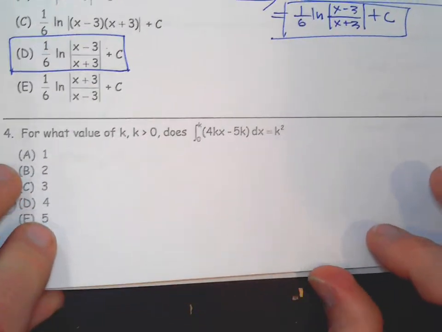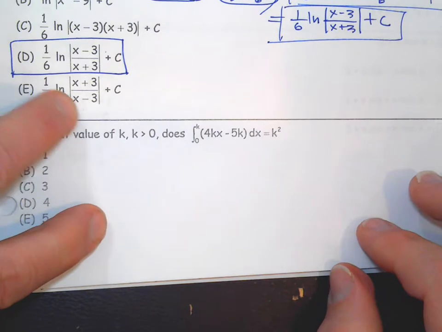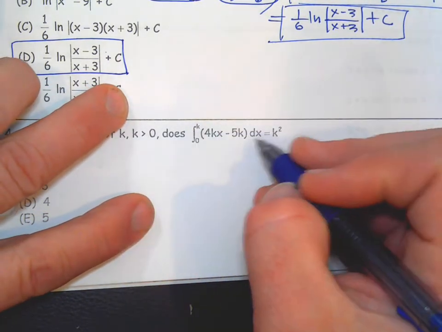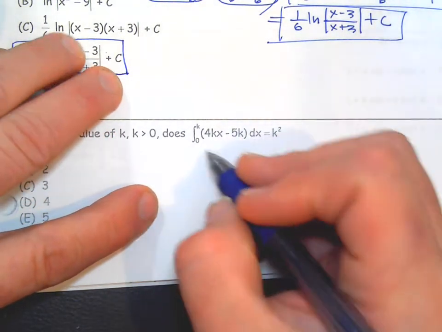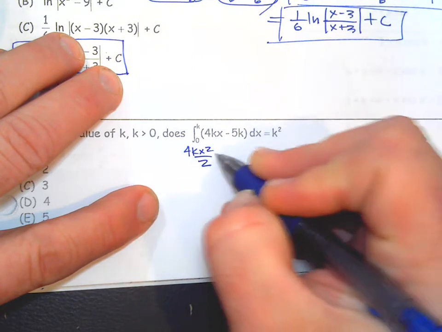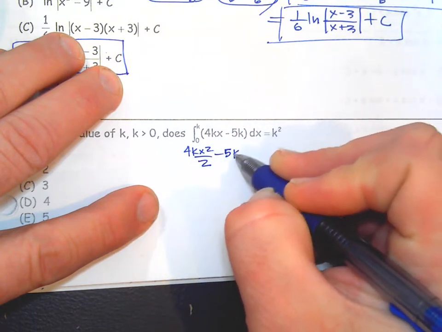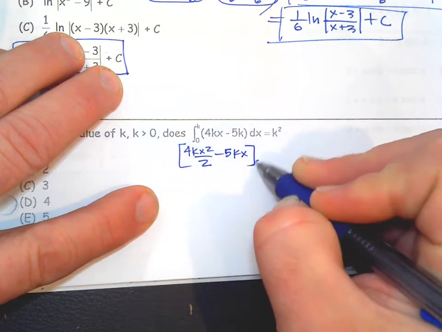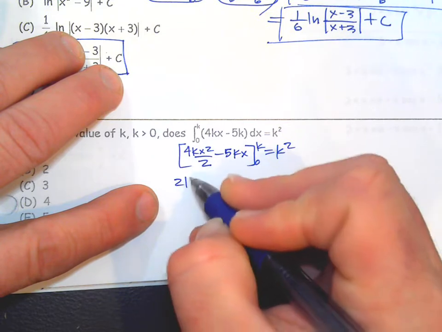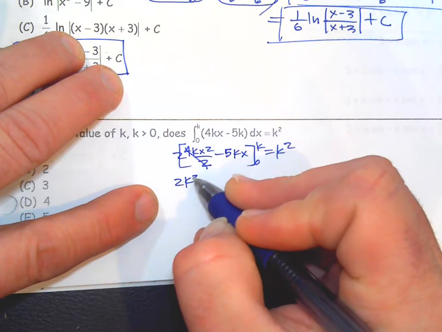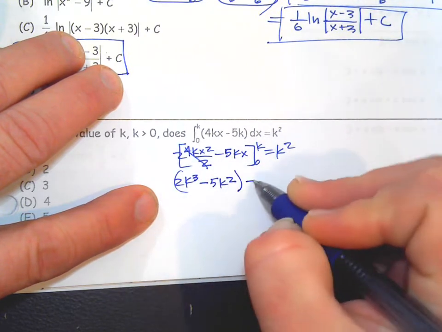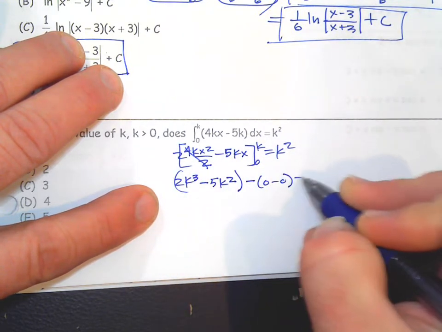Okay, number 4. For what value of k greater than 0 does this value equal this? Well, I think we have to actually try and integrate this. Now, k is just a number, so the antiderivative would be 4k x squared over 2 minus 5kx. Then we plug the limits in and get 2k cubed minus 5k squared minus 0 minus 0.